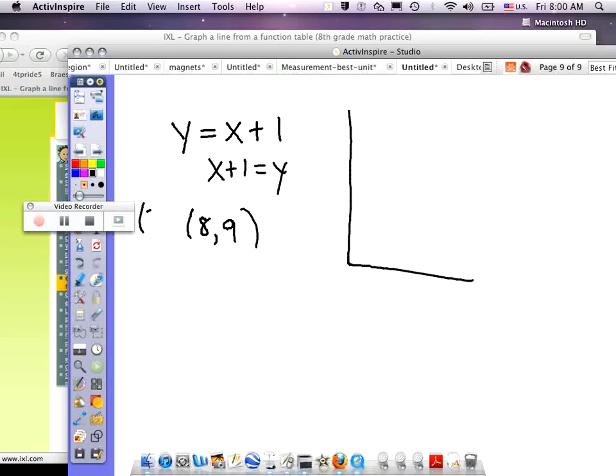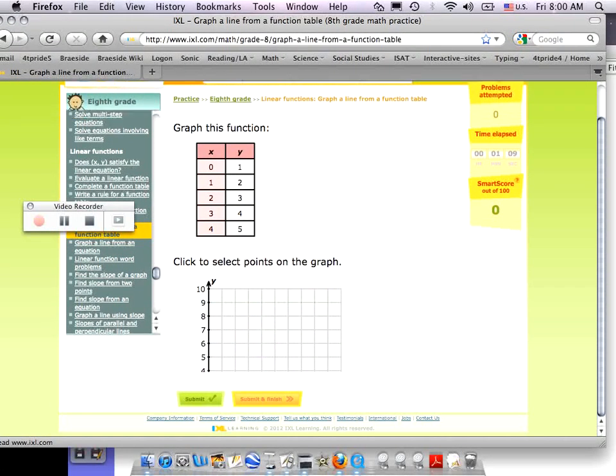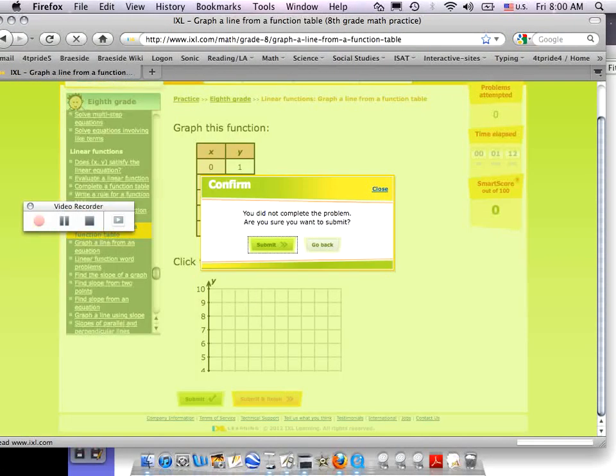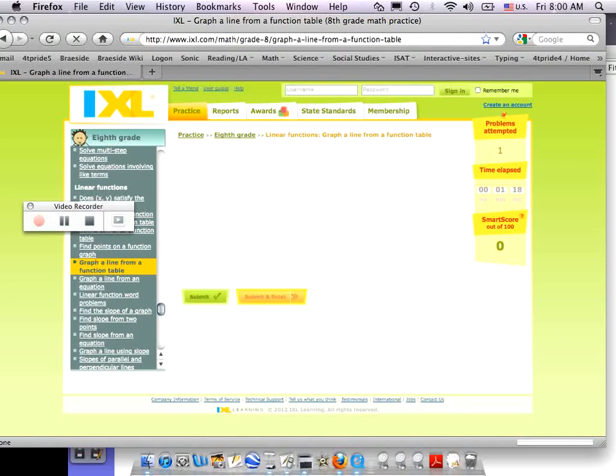When x is 5, y would be 6. So you're going to graph it out the same way. The only difference here is now you need to make your own rule. Now I'm just going to press submit for time purposes so you can see what it looks like. (0, 1), and everything along this line would make a true statement.